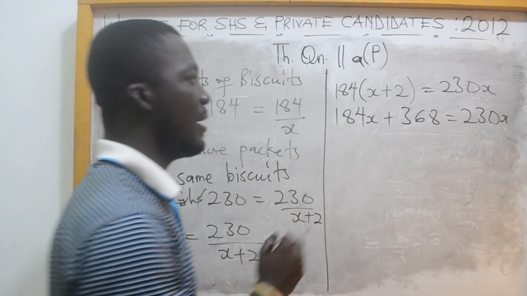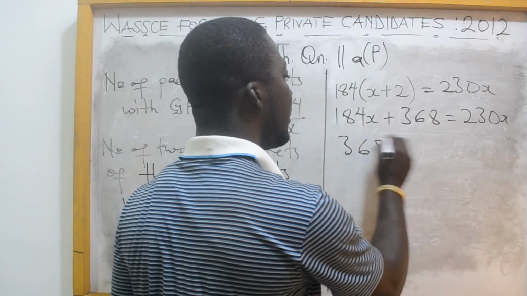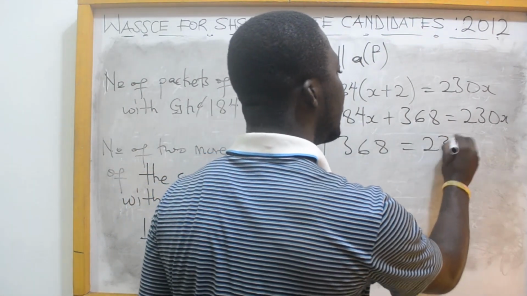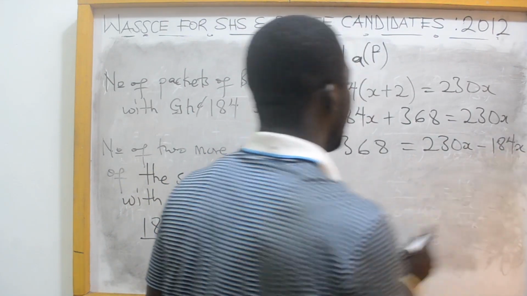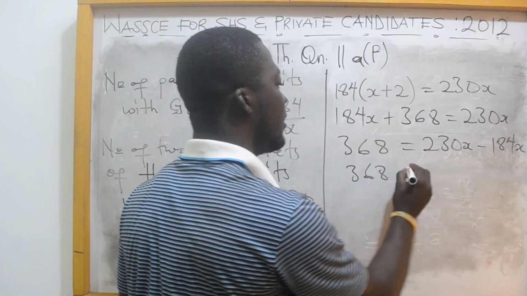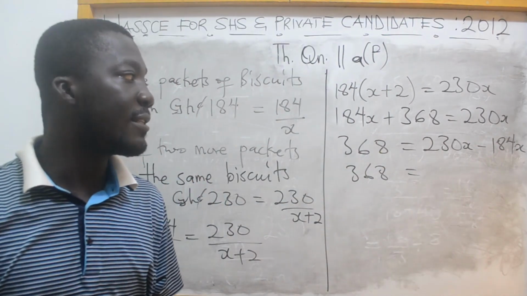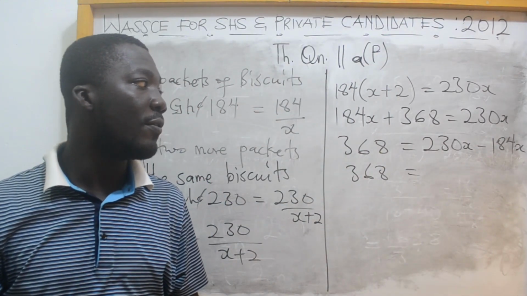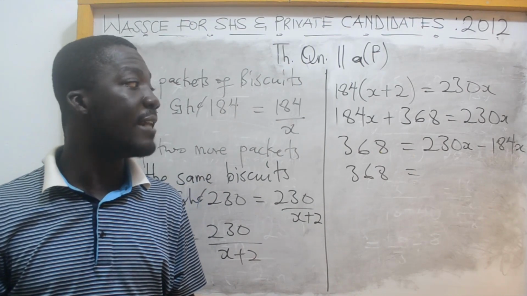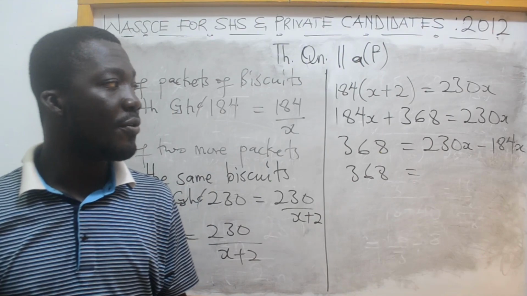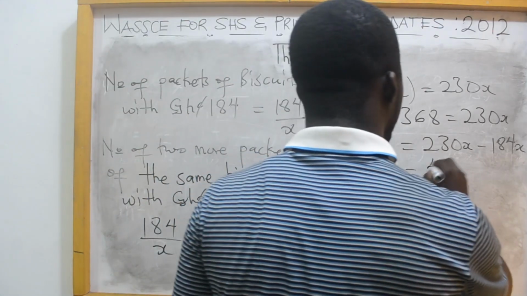Then we group like terms. So 368 should be equal to 230x minus 184x. When you subtract 184x from 230x, we will be getting 46x.